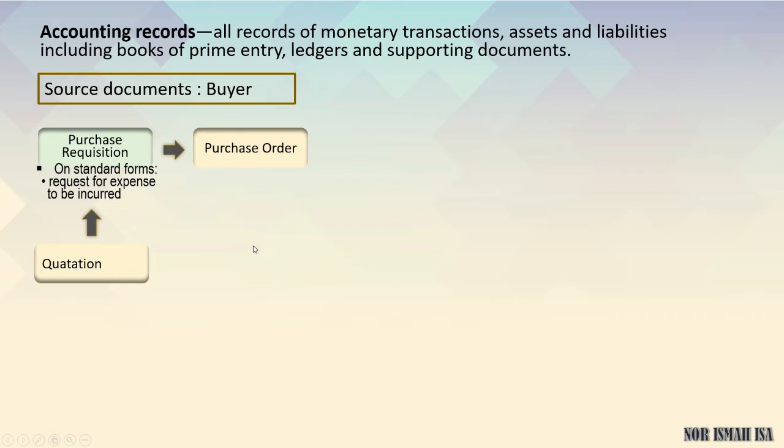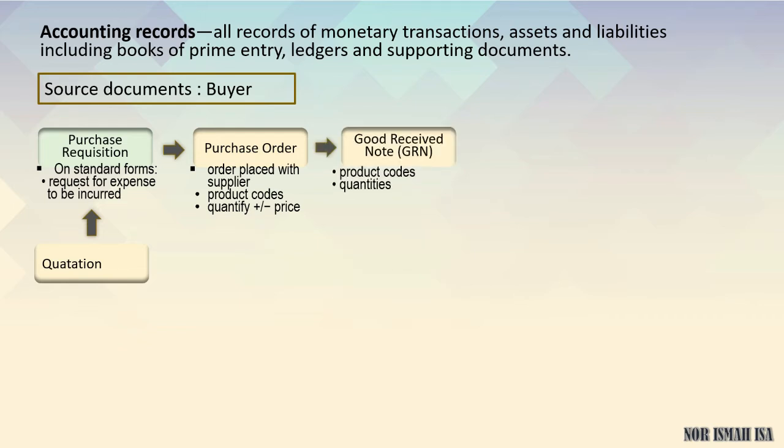And then they will place purchase orders to state the product cost, quantity, and other prices. After that, the buyer will receive goods together with a goods received note. Same as the dispatch note, it will show the product codes and quantities. And when the goods have been received, the buyer will also update the inventory record.